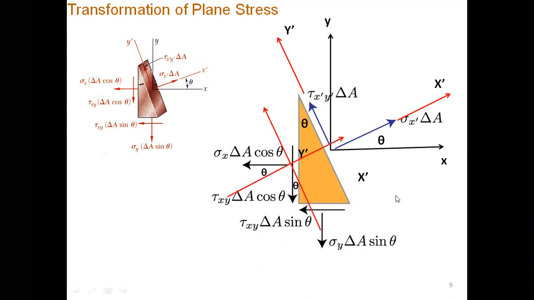And for that, we have to redraw those axes, x prime and y prime. This is the x prime and this is the y prime. Positive x prime, positive y prime. And next, we have to resolve these into their rectangular components.